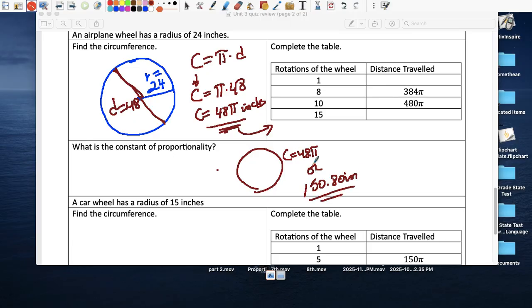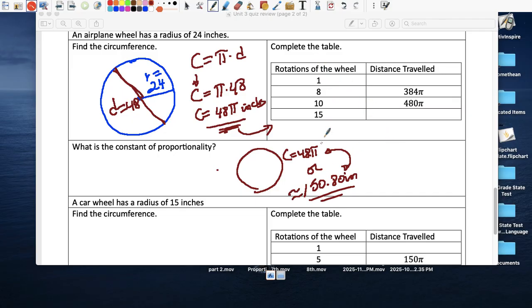So if this airplane tire rotated once, it would travel 150.80 inches, or 48 pi. These two mean the same thing, well, not exactly, because this is rounded.